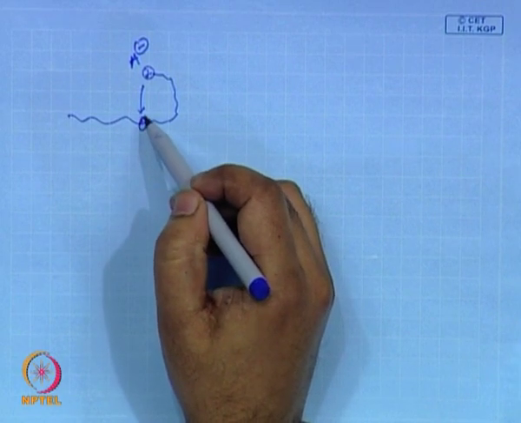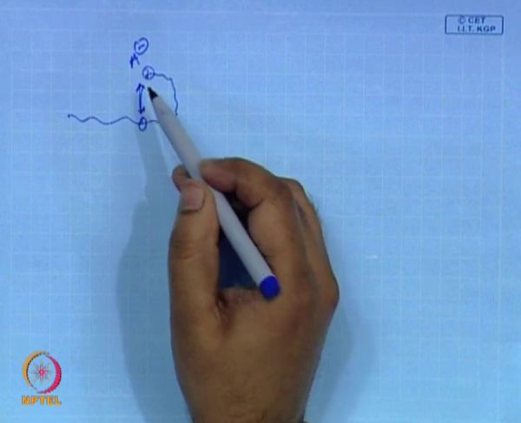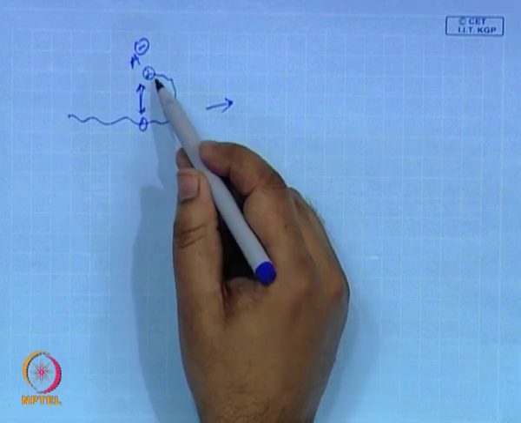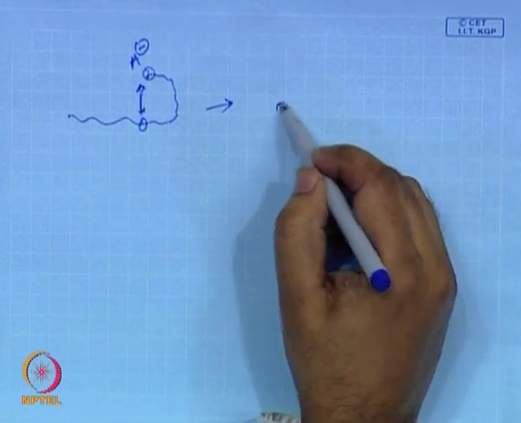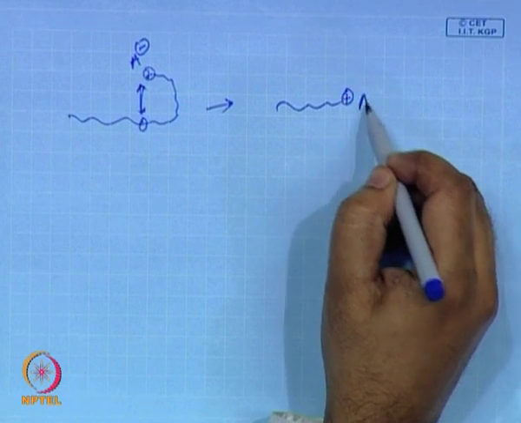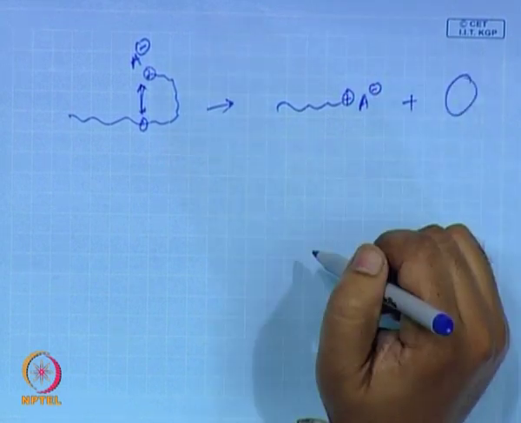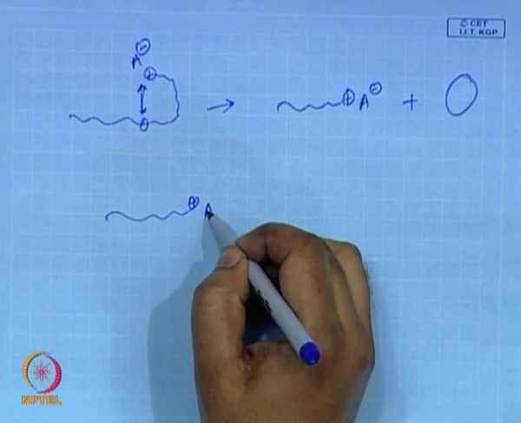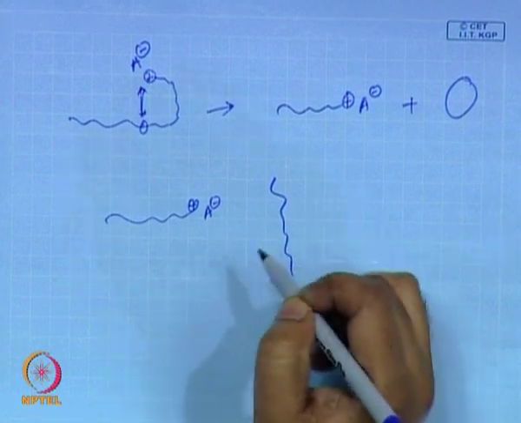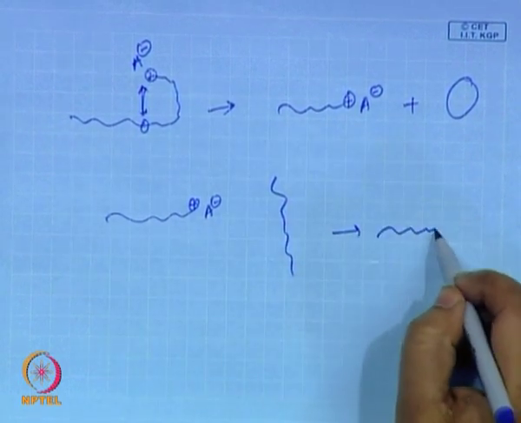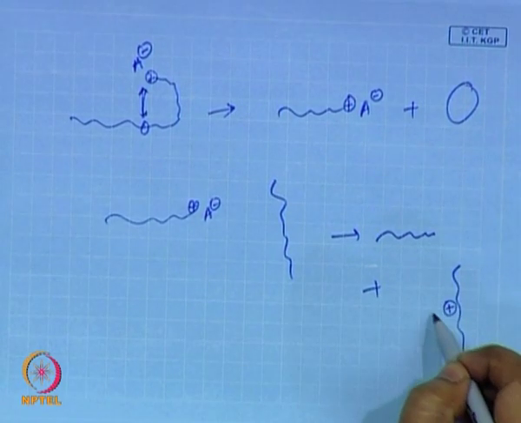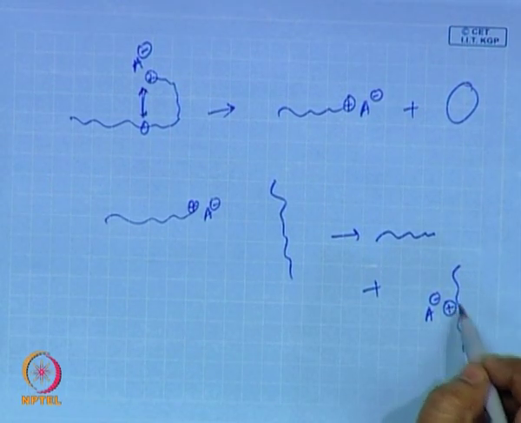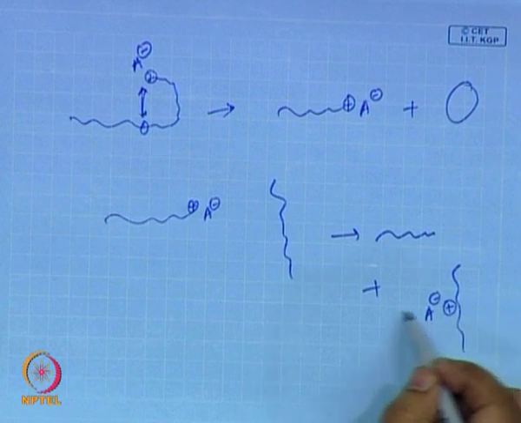If you have oxygen here, then it can do an intramolecular reaction and form a linear molecule plus a ring molecule, or it can also react with another linear molecule, and then stop this chain and form a site in the middle of another chain. So, from there branching can happen.